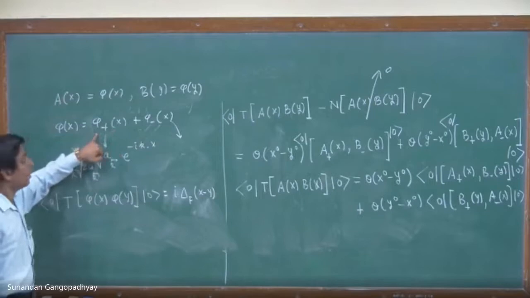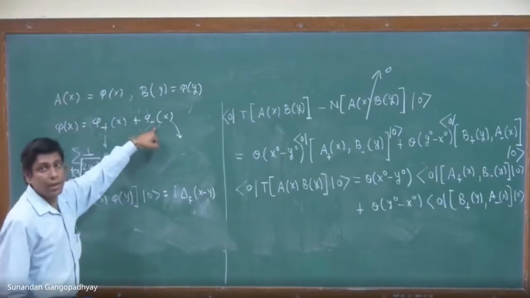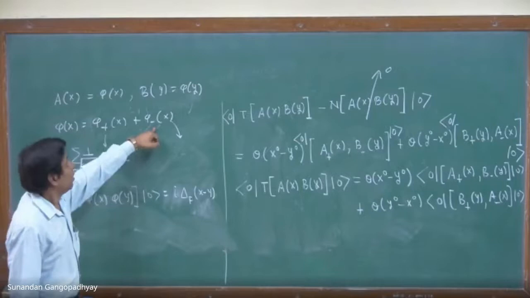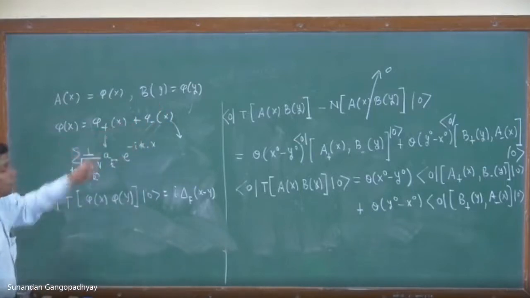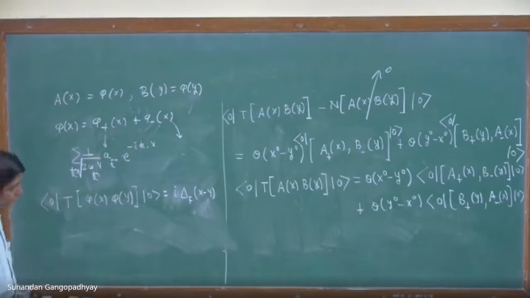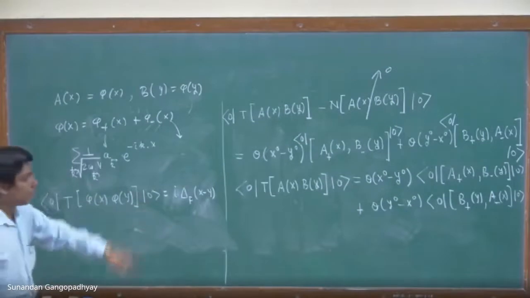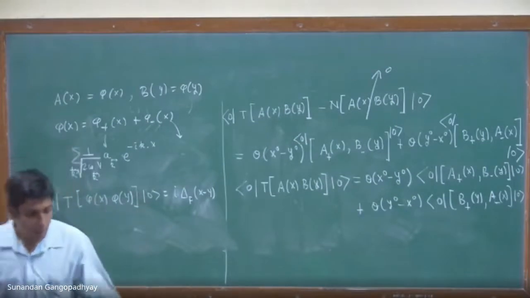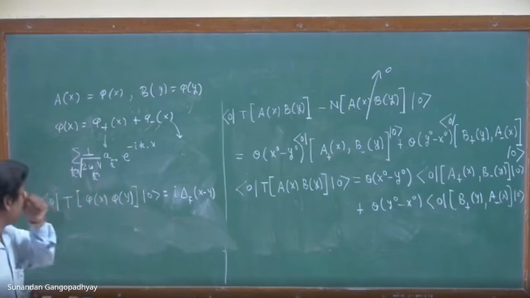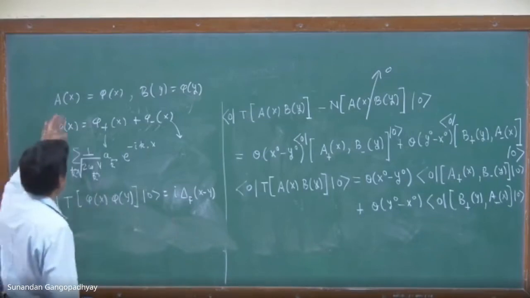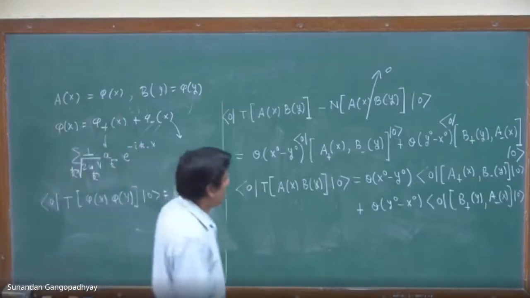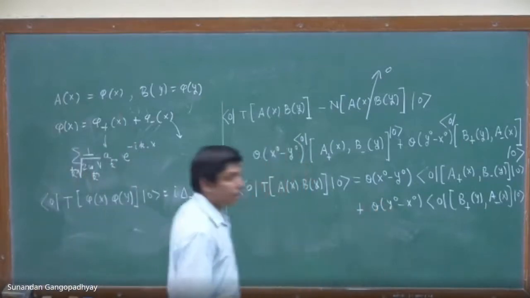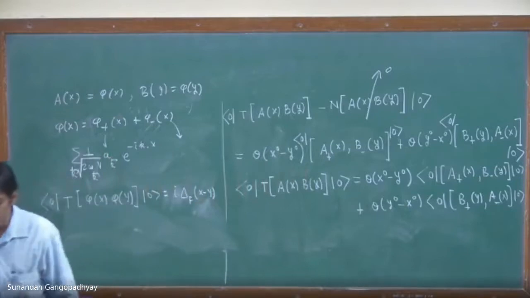For that also you have a and b dagger parts, and you just put it there and work it out and see what happens for the complex scalar field. And so these are bosonic fields. You can do the same thing for the electromagnetic field, because that is also a bosonic field. For fermionic fields, you have to be a little bit careful. You just try to figure it out, or else when I discuss fermions, I will again look at this part and tell you what happens there.